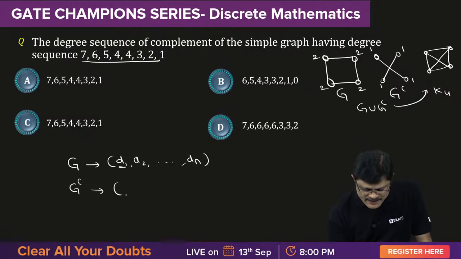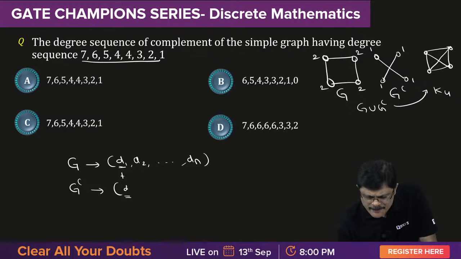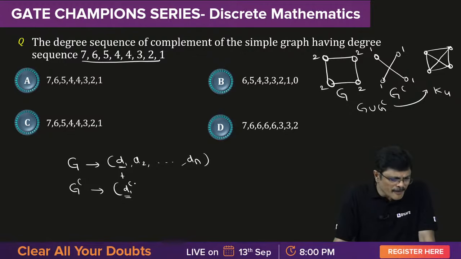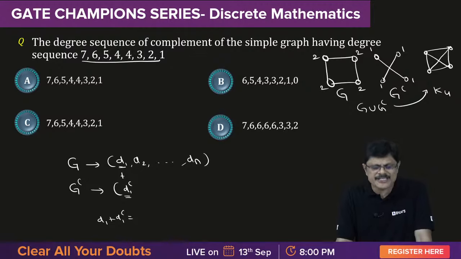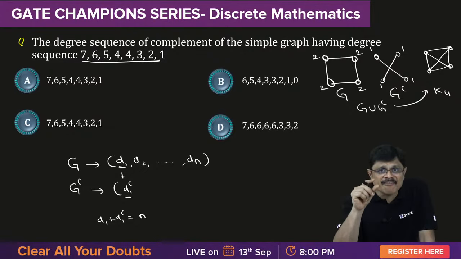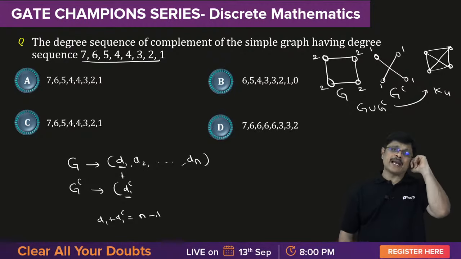Degree of this vertex plus degree of the same vertex in the complement must be equal to the degree of the same vertex in the complete graph. Don't worry about numbers, I am telling you the general story. D1 plus D1 complement should equal the degree in the complete graph with n vertices, which is n minus 1.